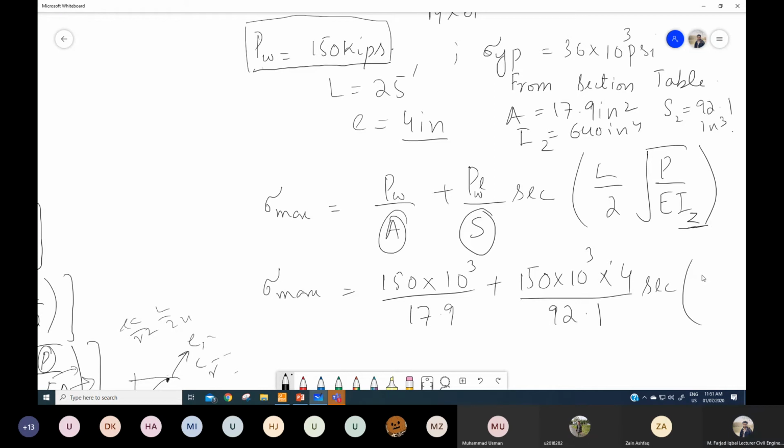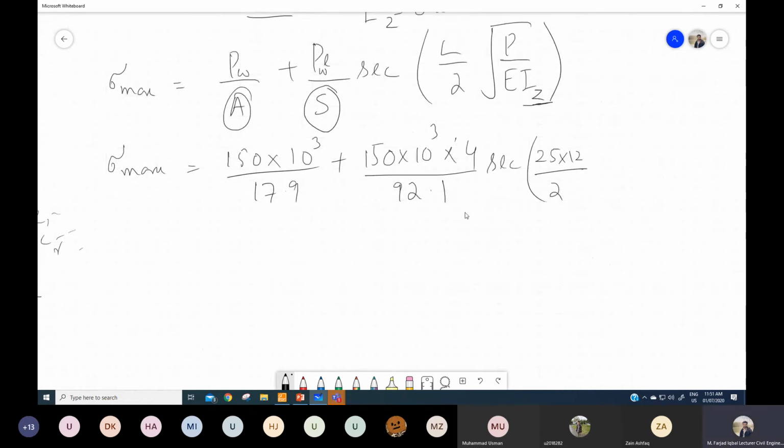Secant of length 25 into 12 divided by 2. And this P factor is again 150 into 10 raised to power 3. E is given as 29 into 10 raised to power 6. And I is 640. So what will be the maximum stress in this column due to this load of 150?